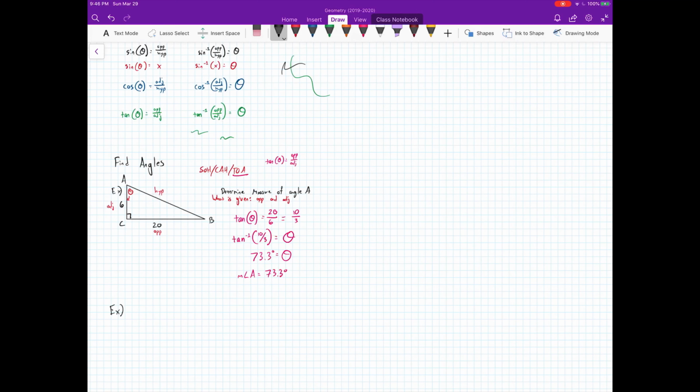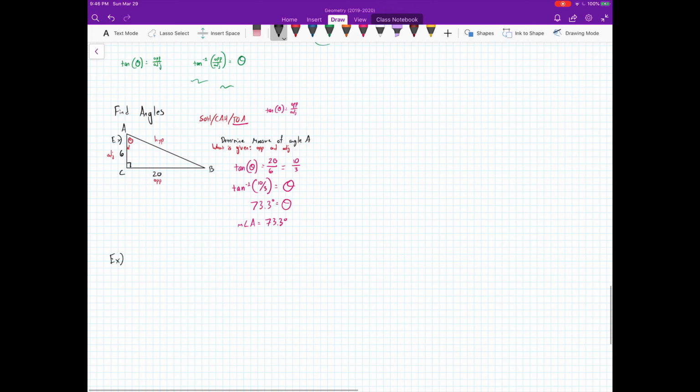So another example, and I will just draw a right triangle here. We'll give this top part, we'll call this maybe 15, and we'll call this, I don't know, 18.